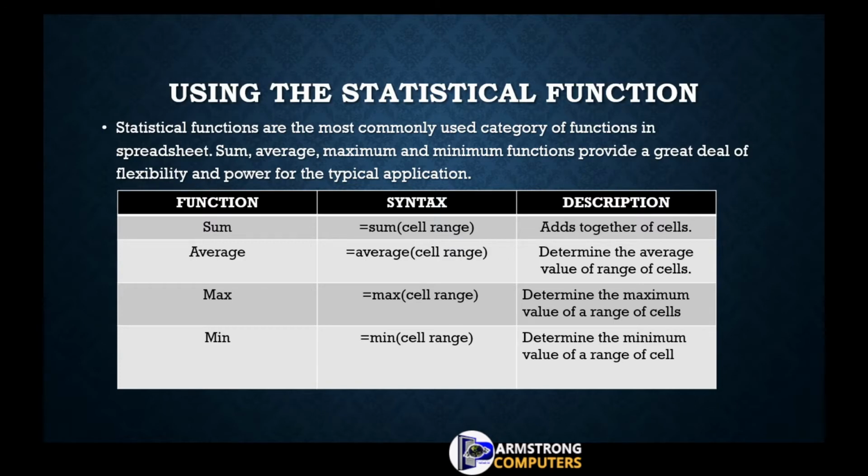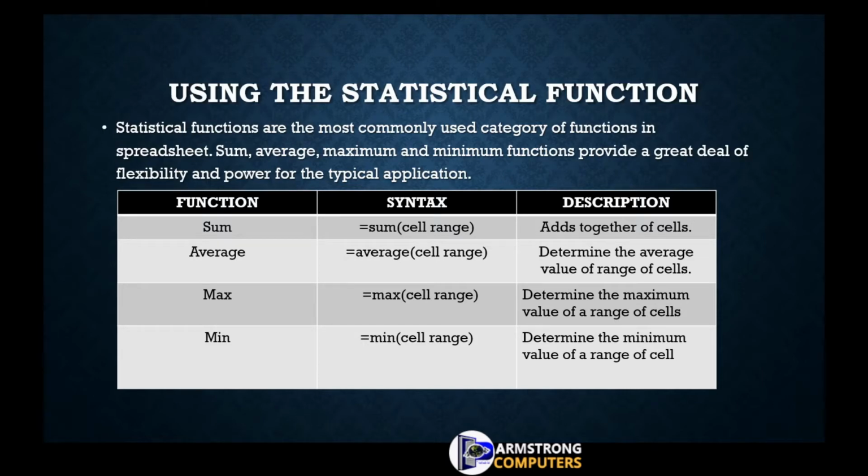Statistical function is all about using the sum, average, maximum, and minimum, and these functions are quite easy to use in Excel. It's a very powerful function that we normally use in Excel.